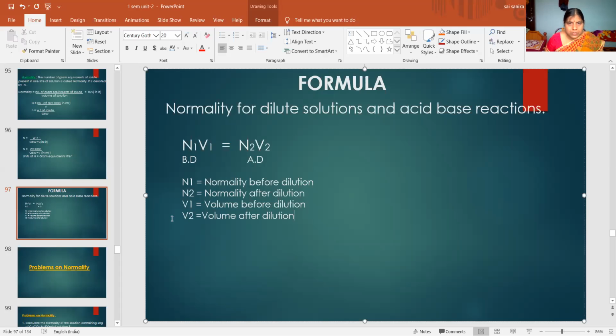Okay, so these are the terms after dilution and before dilution.